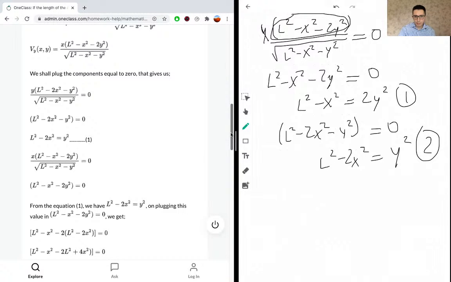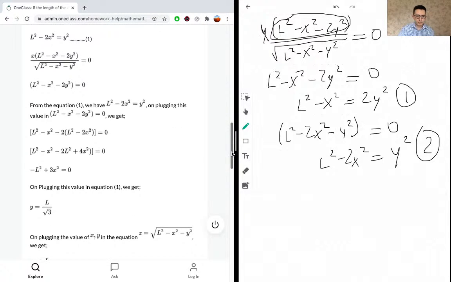So now we substitute equation 2 into 1, and we'll have L squared minus x squared minus 2 times L squared minus 2x squared equals 0. And then we're just going to try to solve for x in this scenario.